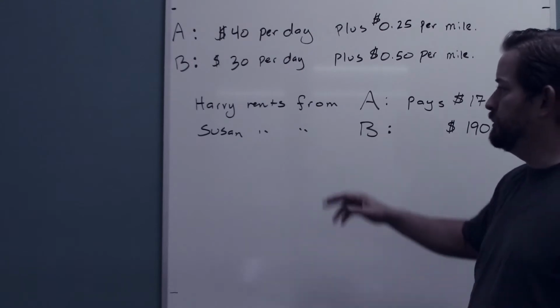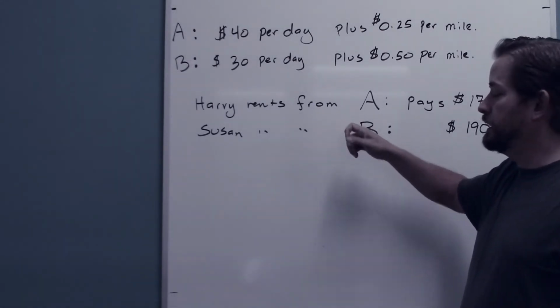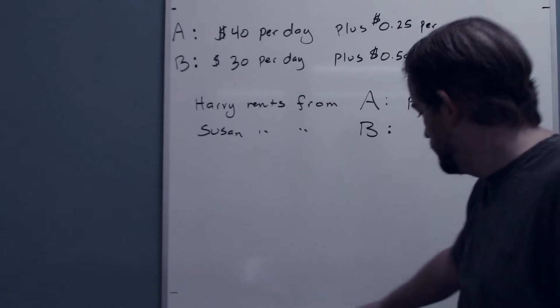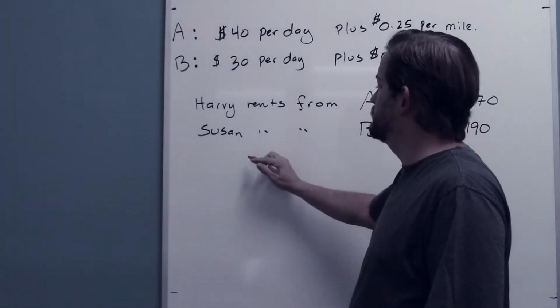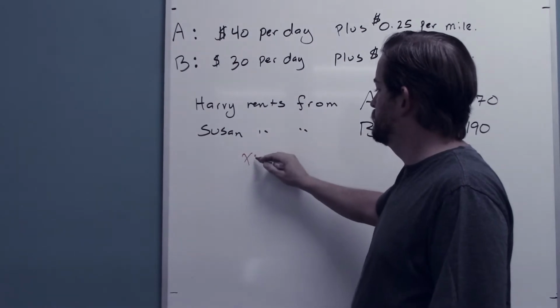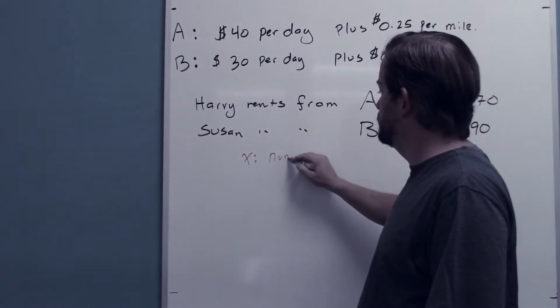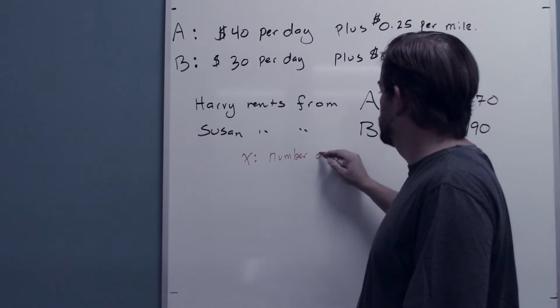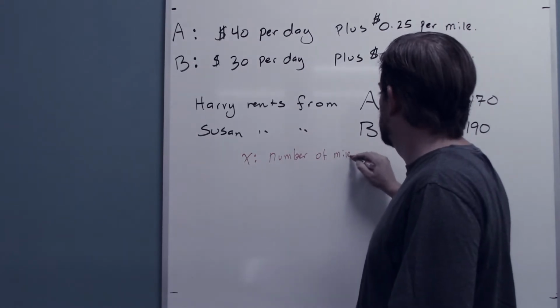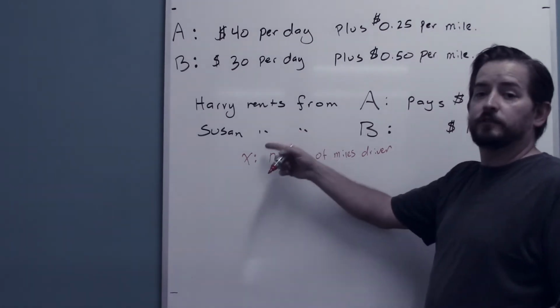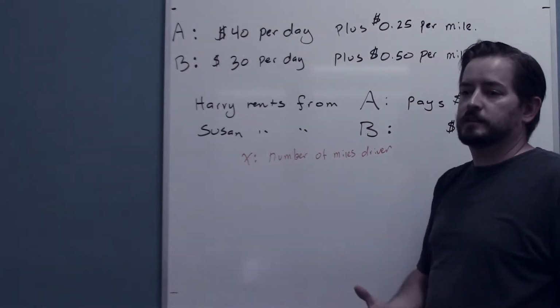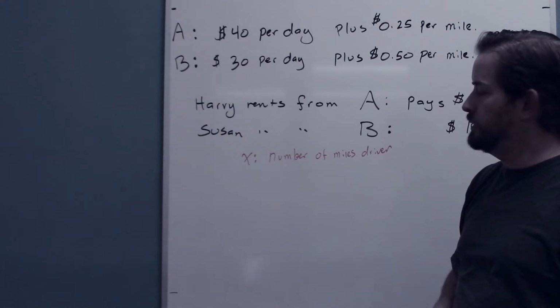And that's the key that makes these two relatable, is that I can call X the number of miles, and that X is for both of these scenarios. X is the number of miles driven, which again is the same for Harry and for Susan. If it wasn't, this would not be a system that I could really put together with two equations.